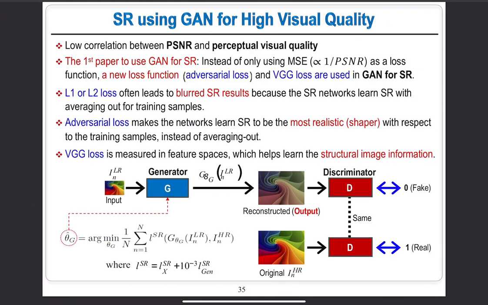And this slide simply illustrates the structure of the GAN used in SRGAN. The generator takes in a low resolution image and produces HR reconstructed output images. And the discriminator tries to distinguish between the generated HR images and real high-resolution images.